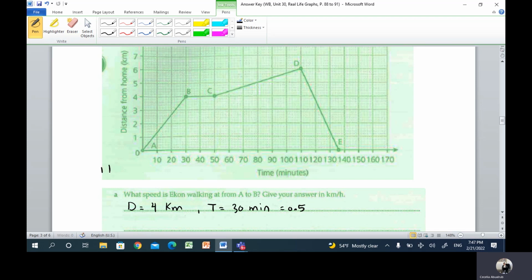Because 1 hour is equal to 60 minutes, so 30 divided by 60 is 0.5 hour. Like we said, the speed is distance over time. Let's substitute: 4 over 0.5, and the answer will be 8 kilometers per hour.